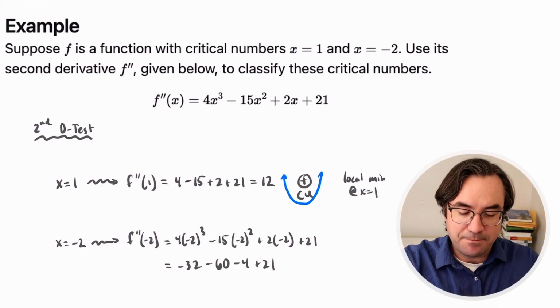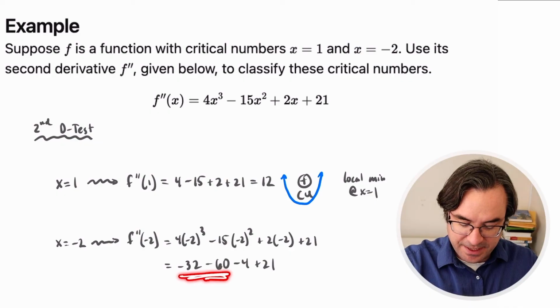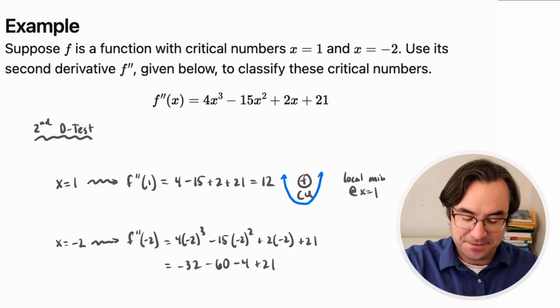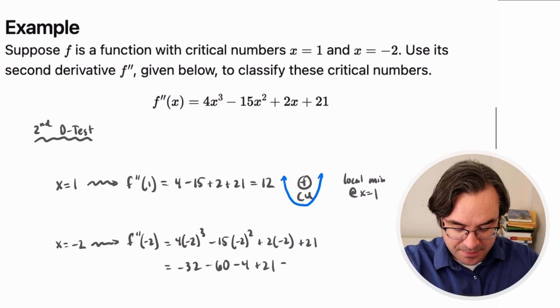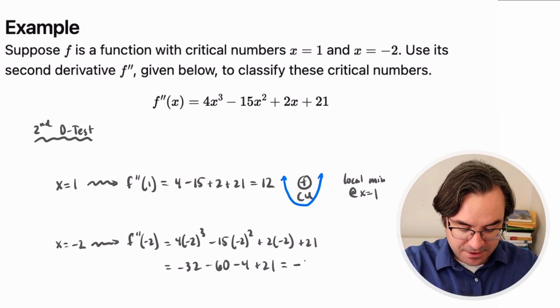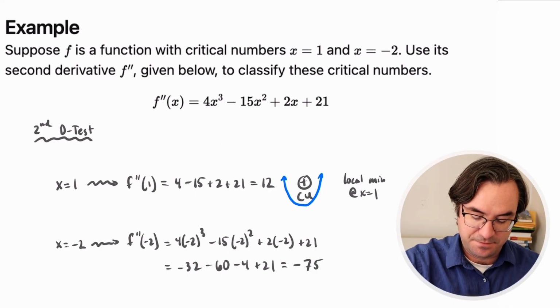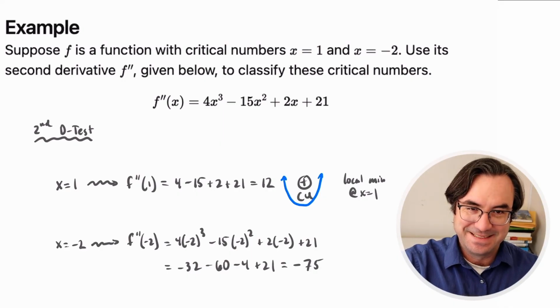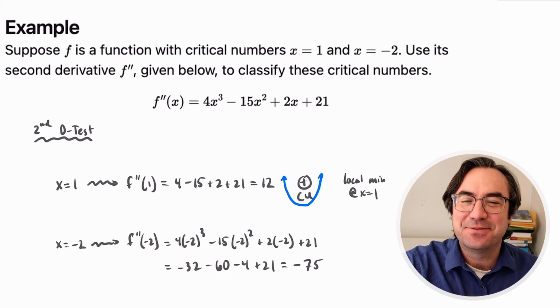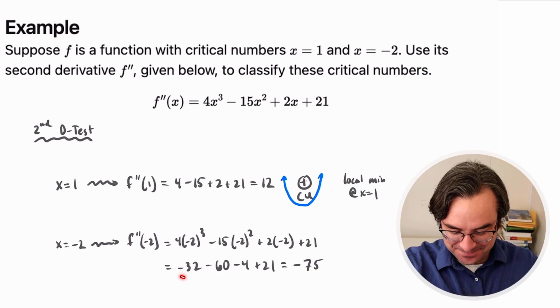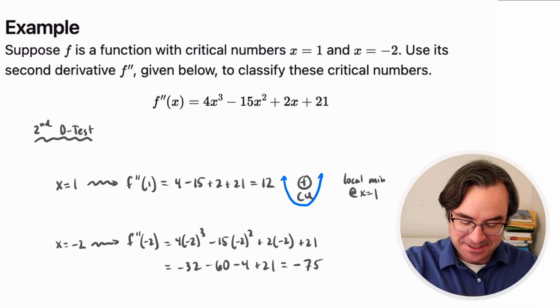So this is negative 96. And then we're adding in positive 21. So this is going to be negative 75. Hope I did that right. Negative 32 minus 60, negative 92, negative 96.